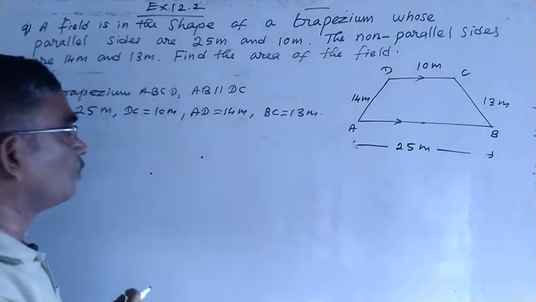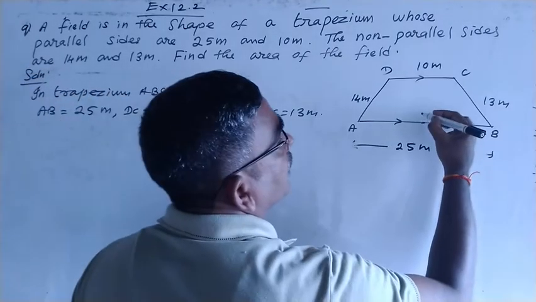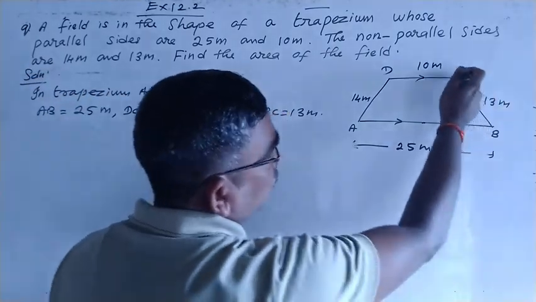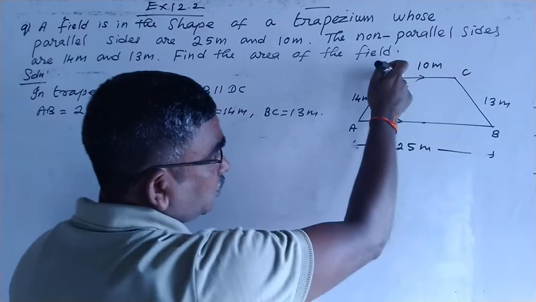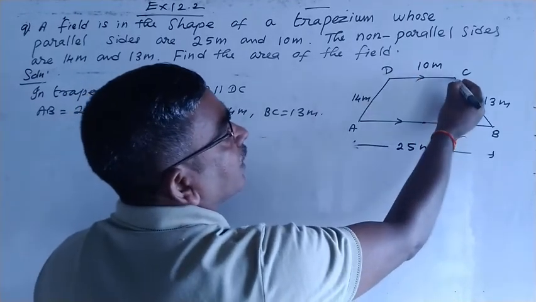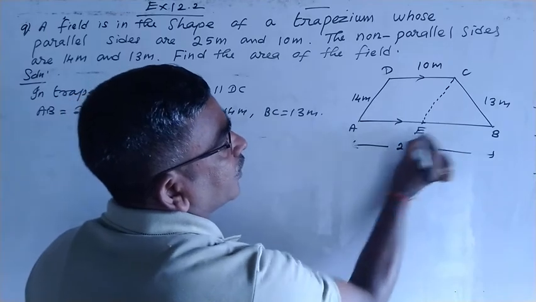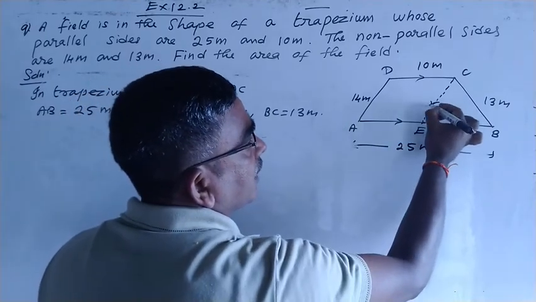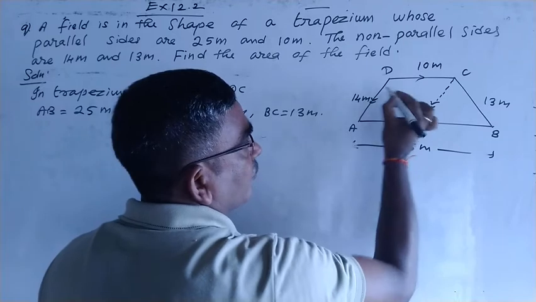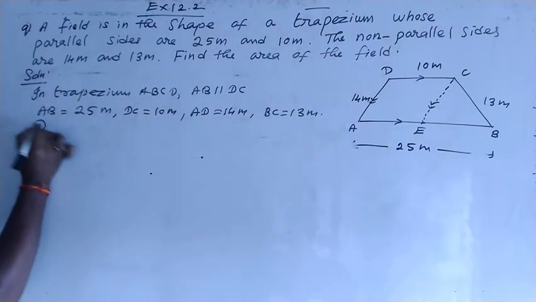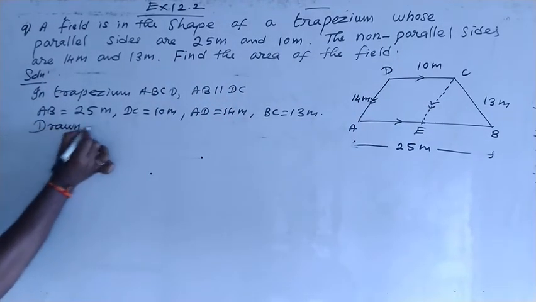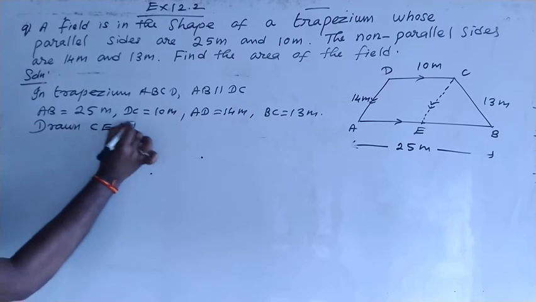For that reason, first we can draw a line through C parallel to DA. We draw CE, the line CE parallel to DA.